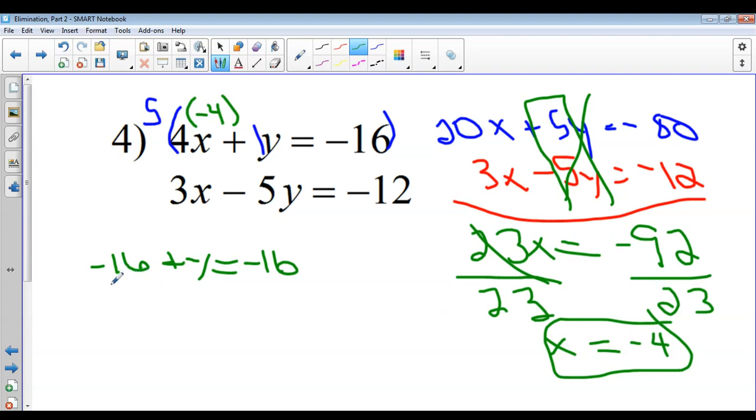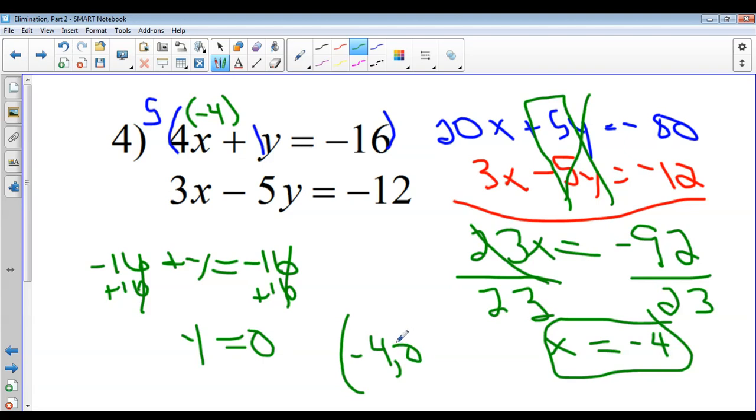If I add 16 to both sides, your values cancel, and you get y equals 0. I like that. Now your solution is going to be negative 4, 0. Sorry, that 0 looked weird, huh? All right, now to make sure, you plug it in. 3 times negative 4 is negative 12. Minus 0 is negative 12. Yeah, that's correct.